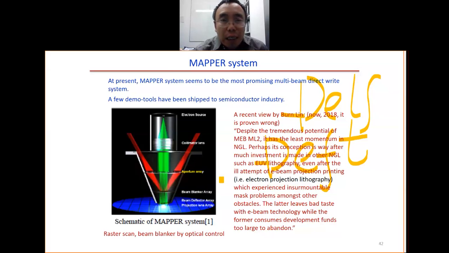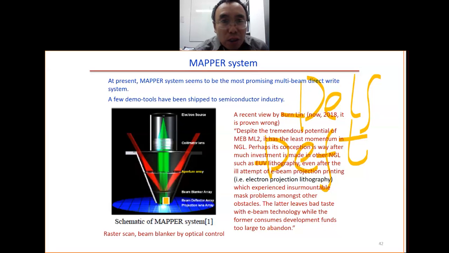But nevertheless, when you do the Mapper, you do not need a mask. When you do the EUV, you need a mask. So the EUV mask set will cost several million dollars. But when you do the Mapper process, you do not need any mask. You just do the pattern design, you do the exposure.